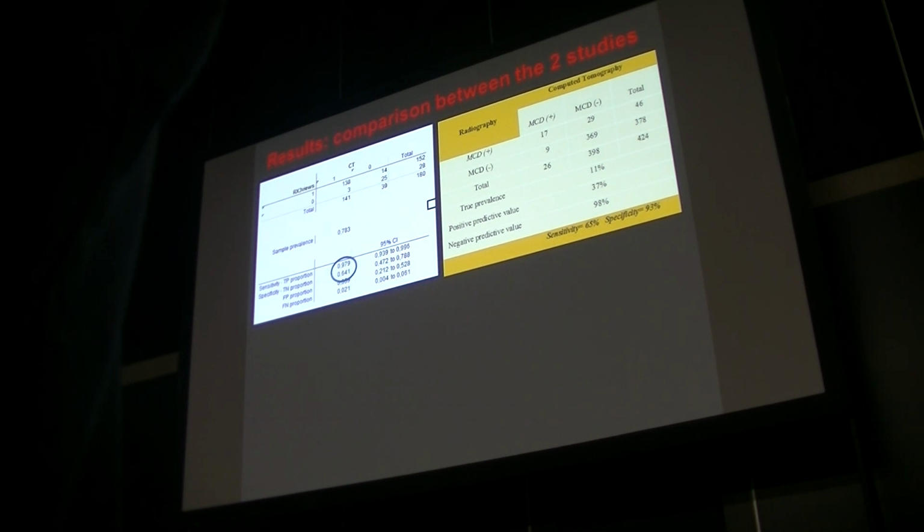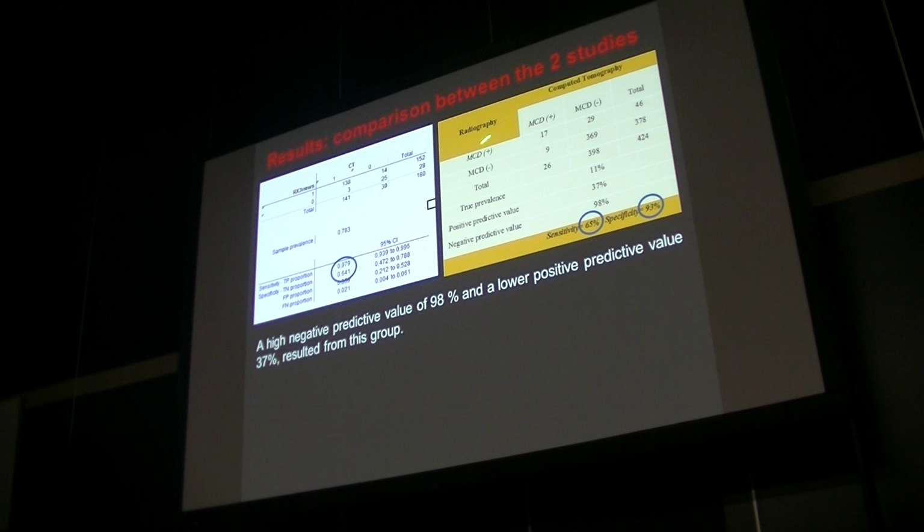What does it mean? It means that we are actually a little bit over-interpreting on a radiograph. We are quite sure on a radiograph, however, in doubtful cases, it's important to check on CT whether we are right or wrong on a radiograph. As we see these results, in these cases, it is important.